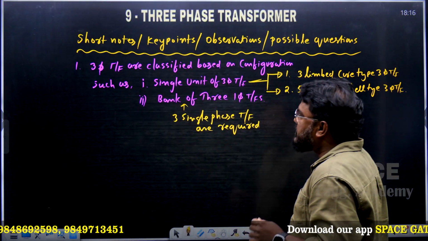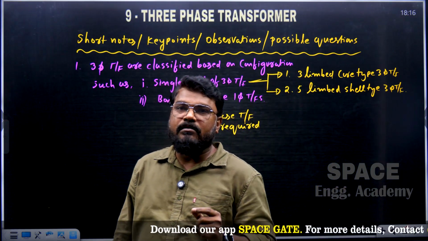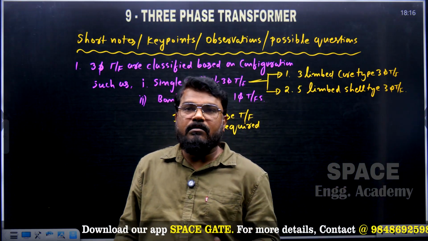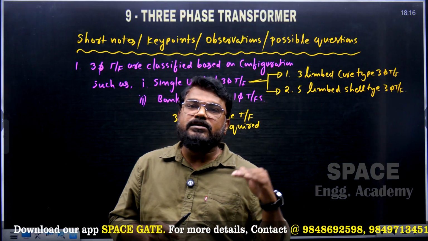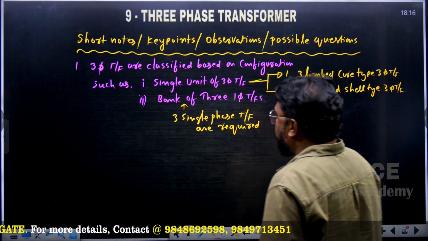In a bank of three single-phase transformers, phases are electrically connected either in star or delta, but magnetically isolated or uncoupled. So this is one of the important points.